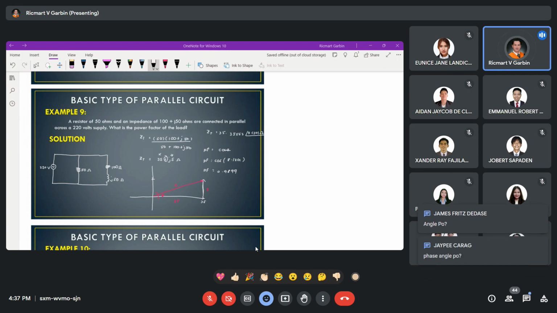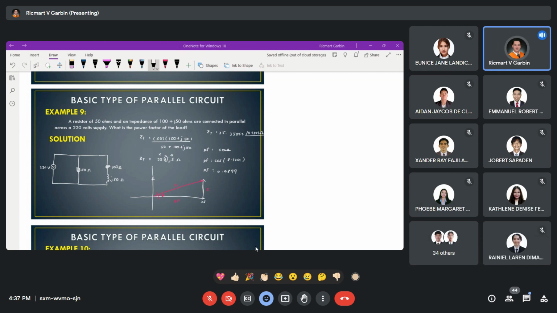Okay. So, di ba sabi ko sa inyo, kapag tinignan natin ang impedance, ang positive sign here denotes ang ating naging result ay naging inductive.